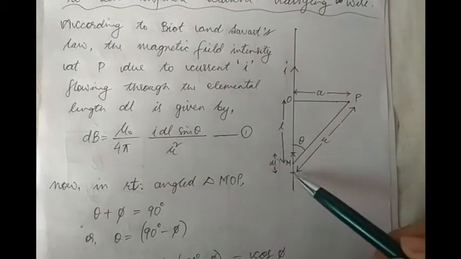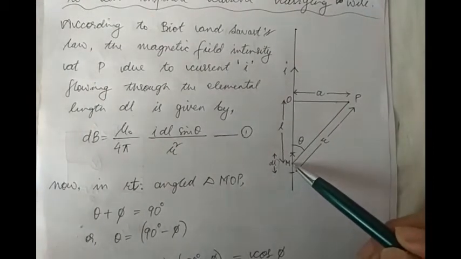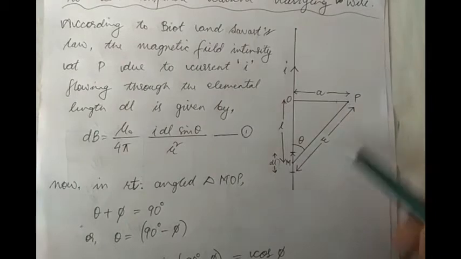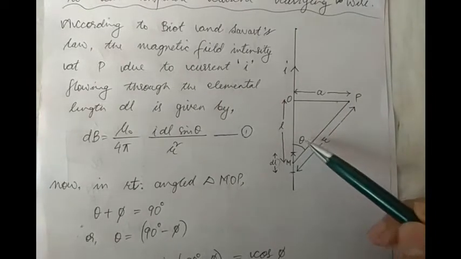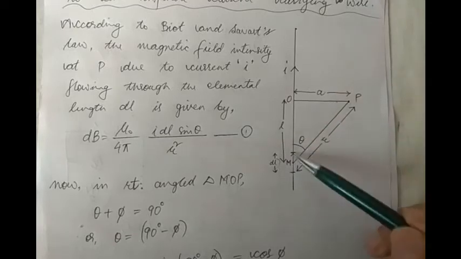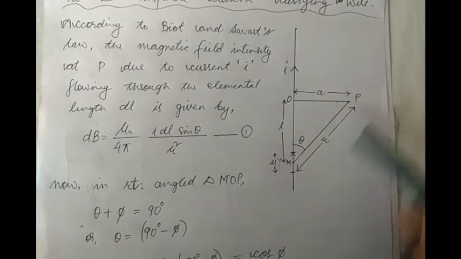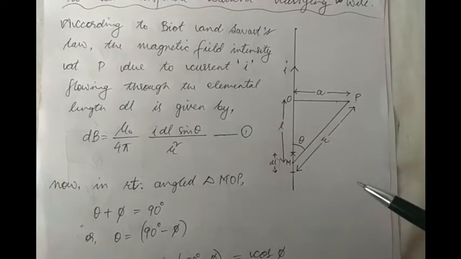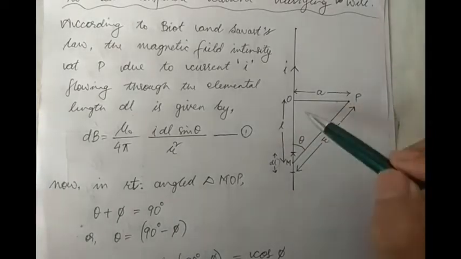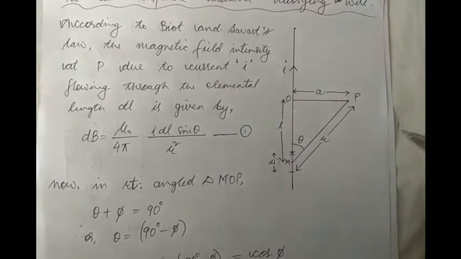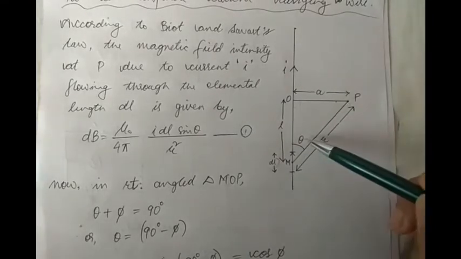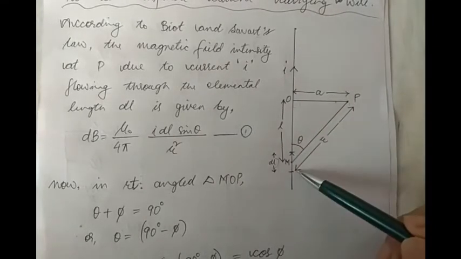So this is a DL. Now this elemental length DL is at a distance r from point P. The angle between the elemental length DL and the line joining the elemental length to point P is theta. Of course this is 90 degrees. So this is A, this is R, this is theta, this is DL.